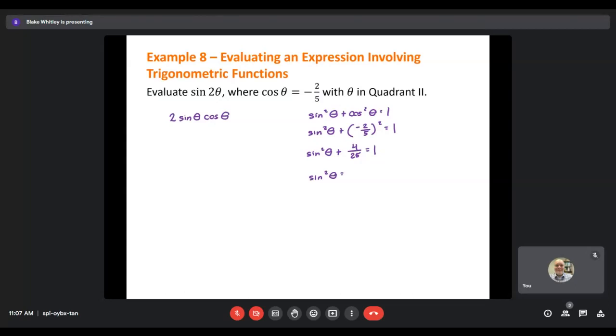Again, I need to subtract that now, so that's going to give us 25/25 minus 4/25. Sine squared then is 21/25. And when we take the square root, that's going to give us square root of 21 over 5. Pay attention to our quadrant here. We're in quadrant 2, but that means that sine is going to be positive, so we don't need to worry about the negative here.